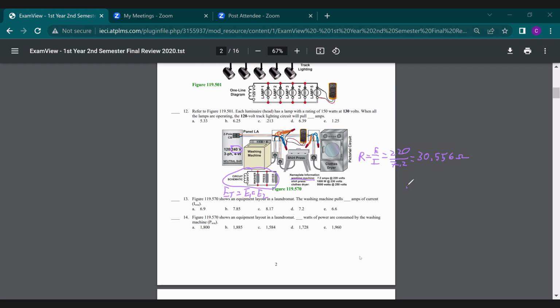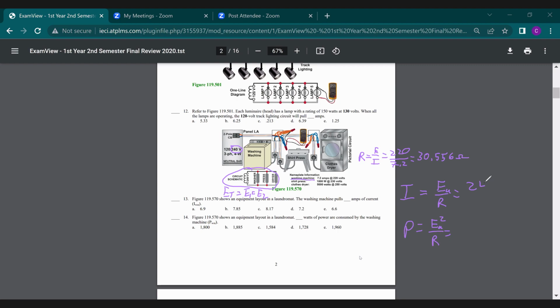Now we want amps I and P watts. Amps is equal to E divided by R. P is equal to E squared divided by R. Now, when we're looking for resistance, we use the nameplate. When we're looking for actual answers to the question, we use the applied voltage. The applied voltage in this case is 240.